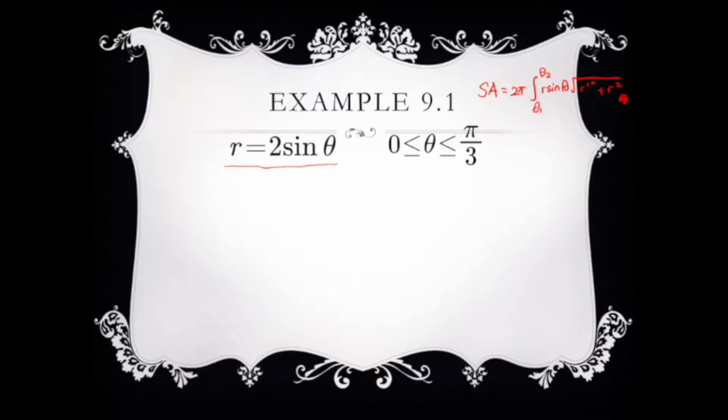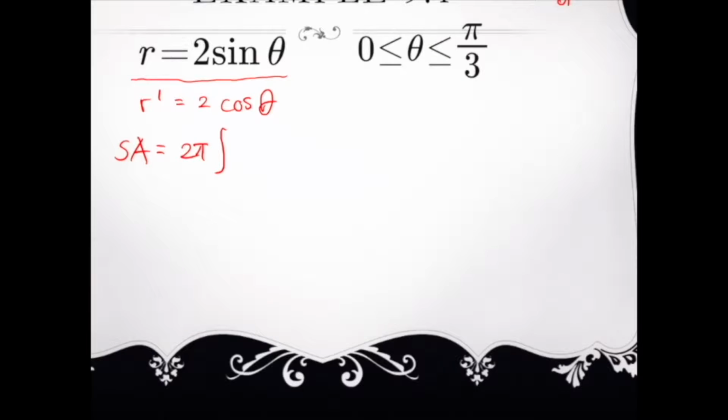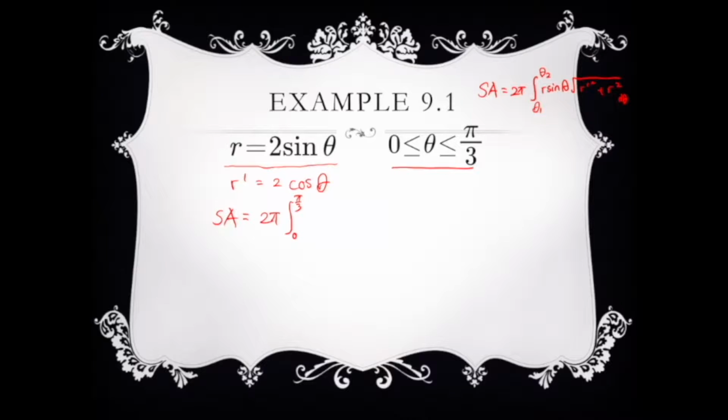Okay, let's substitute in what we know here. r equals 2 sine theta, and then r prime equals 2 cosine theta. That's pretty much all we need to know. So we can rewrite this as SA equals 2 pi times the integral from 0 to pi over 3, which is right here, times r sine theta.